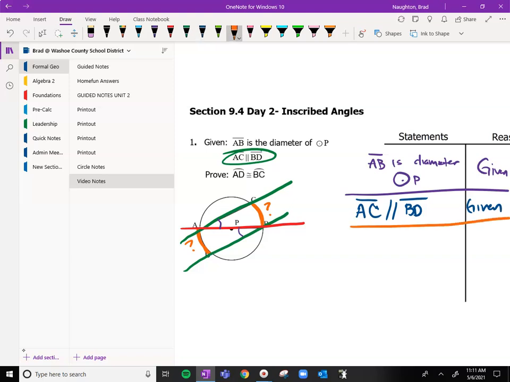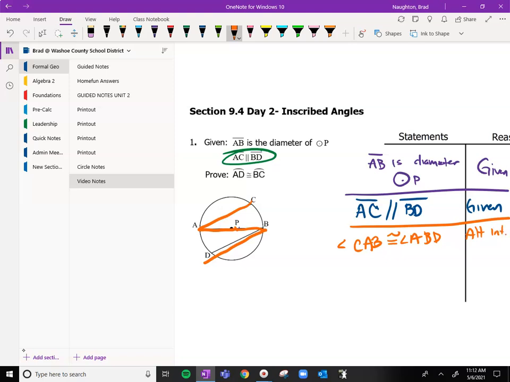Alrighty, now I'm going to use my alternate interiors. I'm going to erase this so I can see my letters a little bit clearer. So angle CAB, which was this one, is going to be congruent to angle ABD, because those are alternate interior angles.